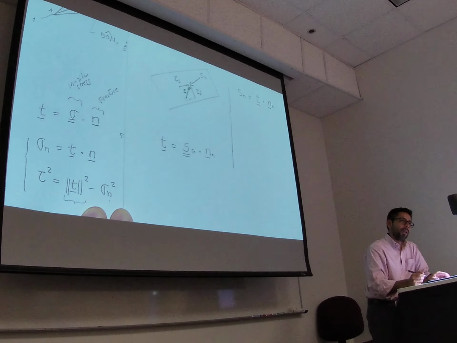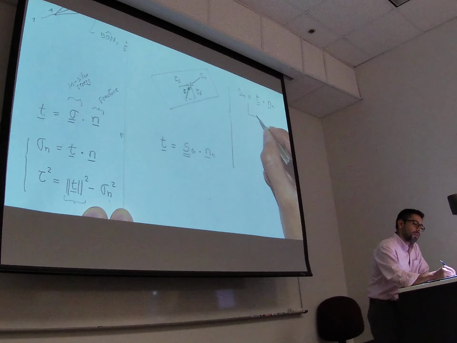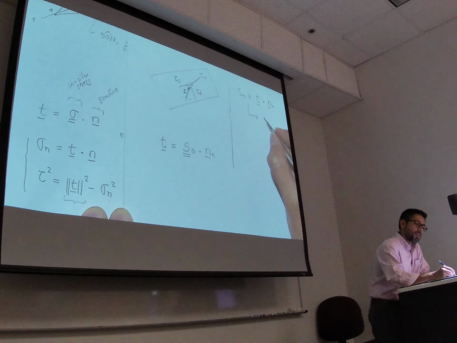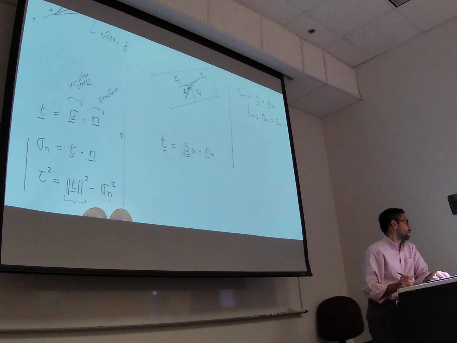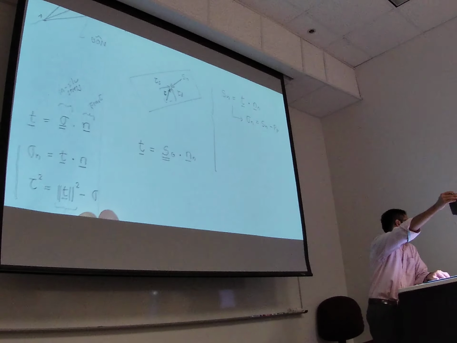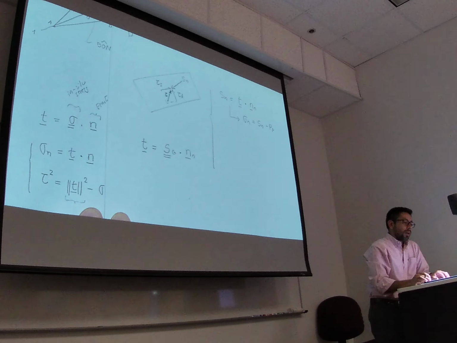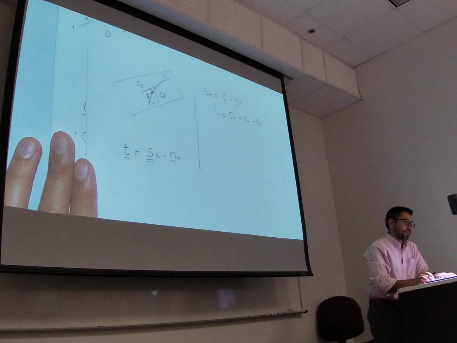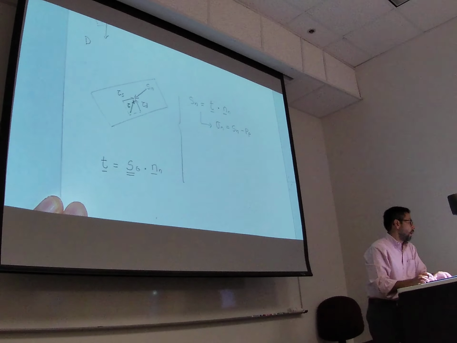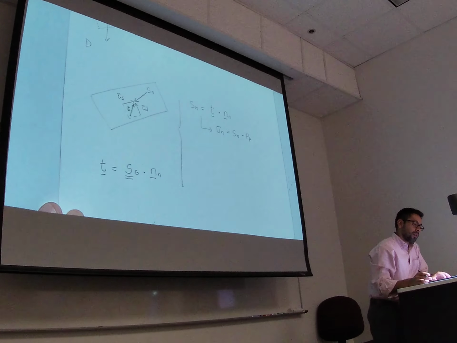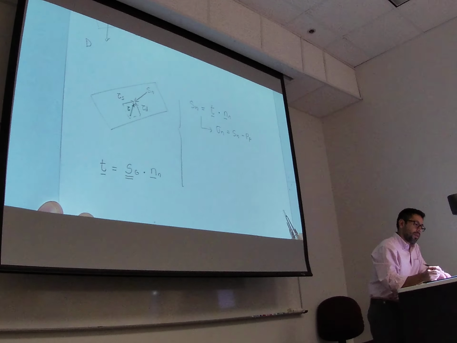That's going to be Sn. If you want to compute effective normal stress, sigma n, you just do Sn minus the pore pressure. What is going to be tau d?